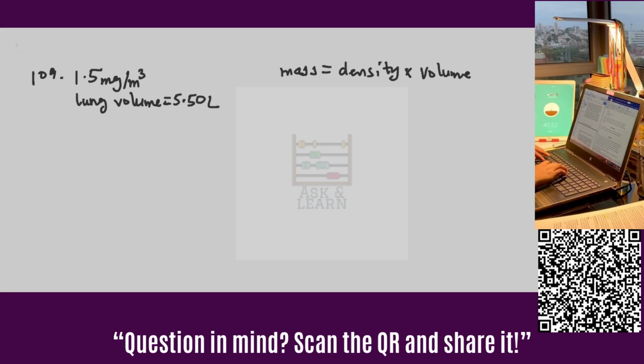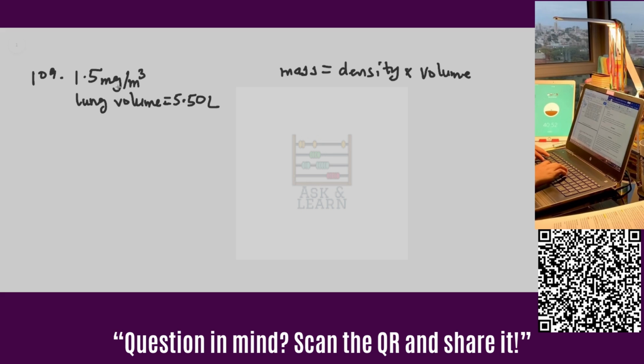But in order to multiply these two quantities, we have to realize that these two have different units. Here we have milligrams per cubic meter, and here we have liters. So we have some unit conversion here.